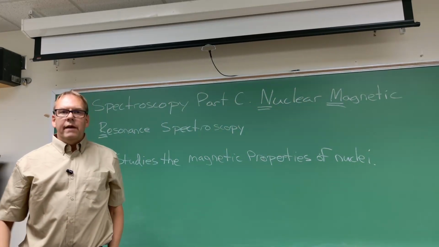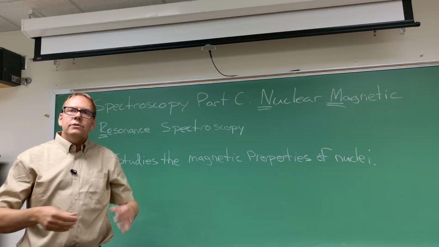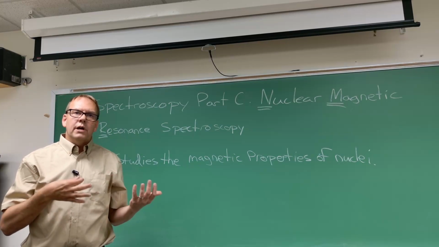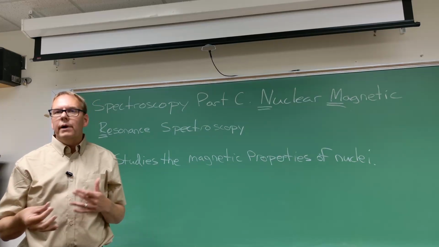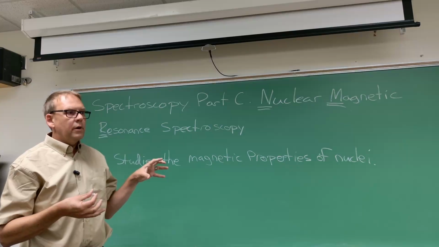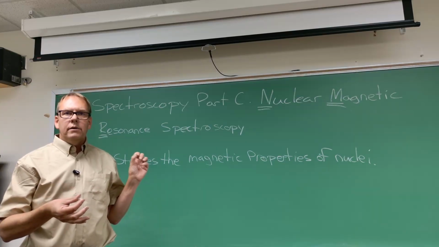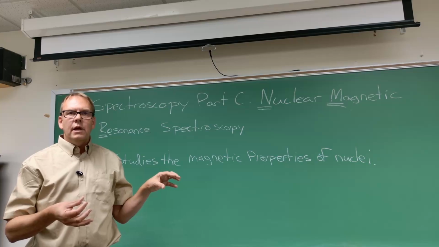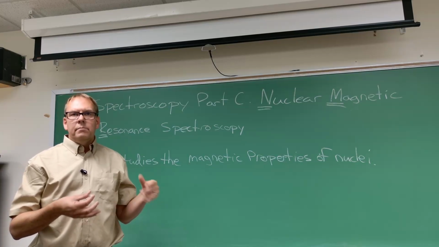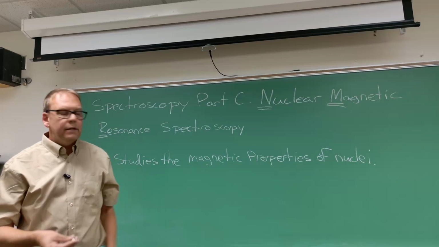In other words, they behave as though they were magnets, little magnets. It has to do with the number of protons and neutrons in a molecule, but if a nucleus has either an odd atomic number or an odd total mass when you add up protons and neutrons, then it will be magnetically active. In other words, it'll behave like a small magnet.